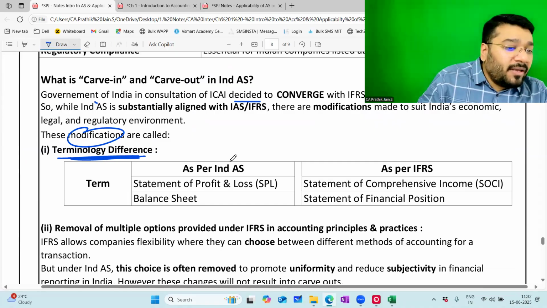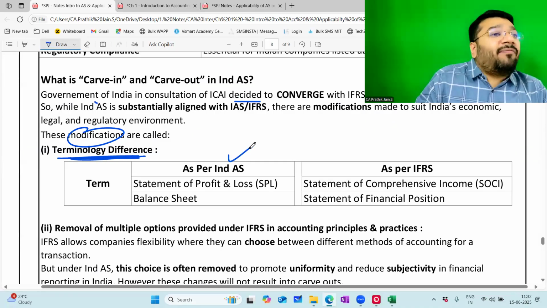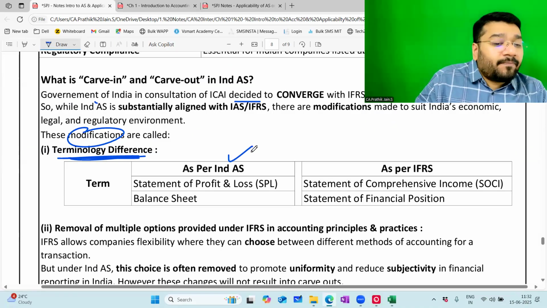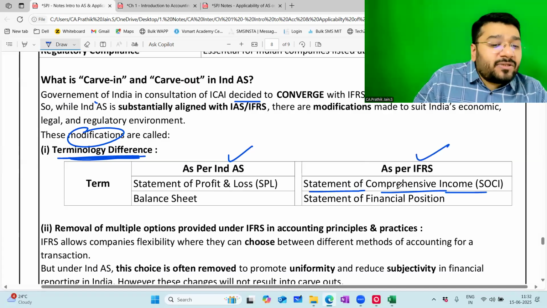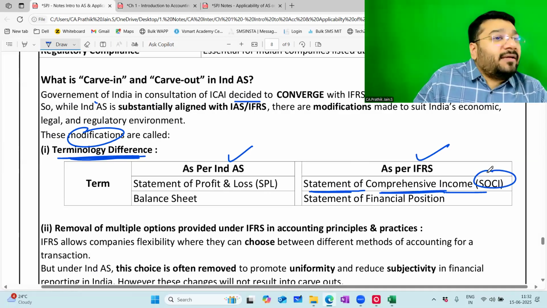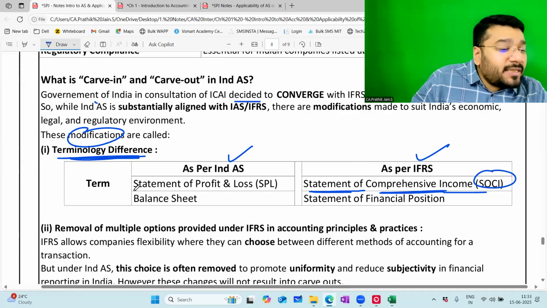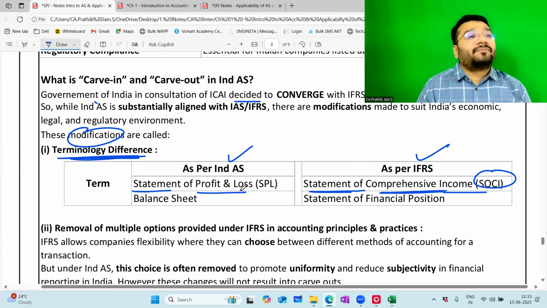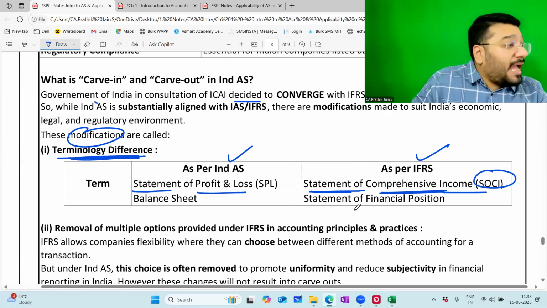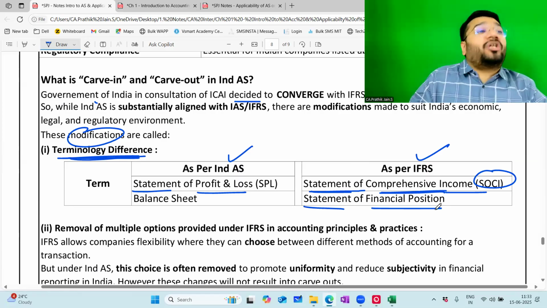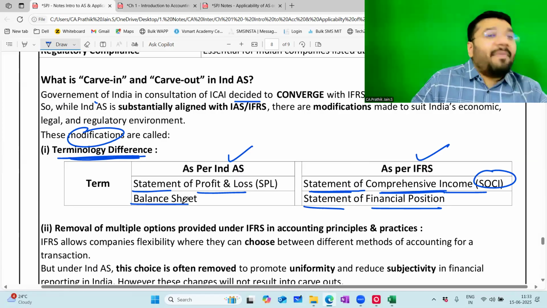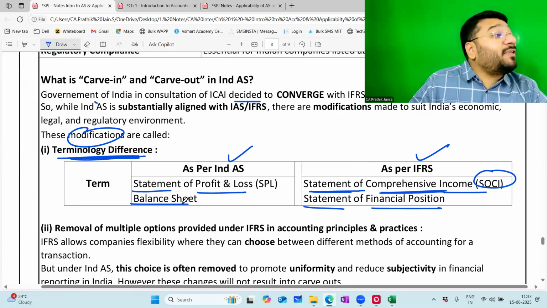For example, as per IFRS, it was statement of comprehensive income, called SOCI. We said that we'll call this the statement of P&L. They called it in IFRS the statement of financial position. We call that the balance sheet. So there are a lot of terminology changes.